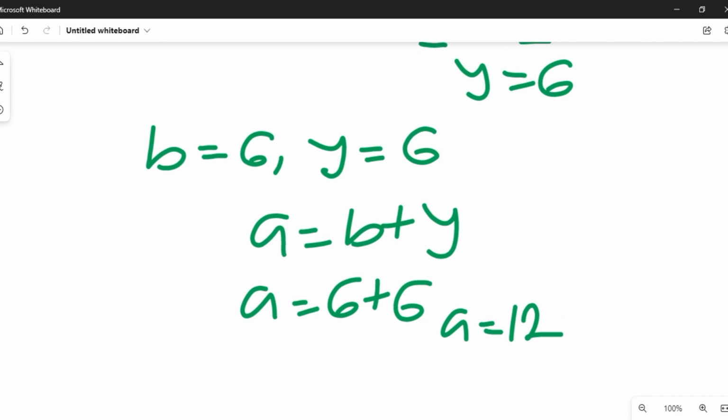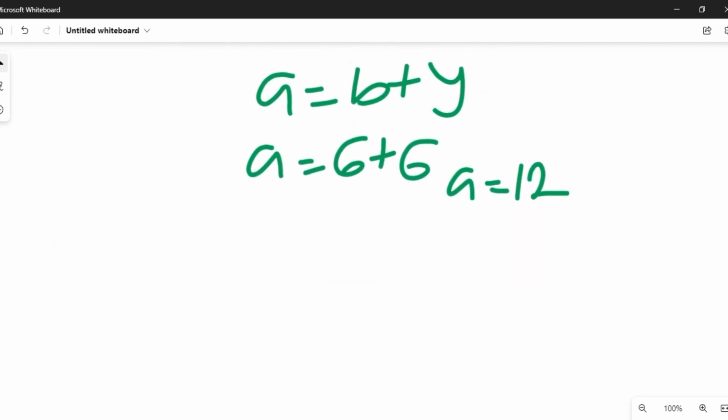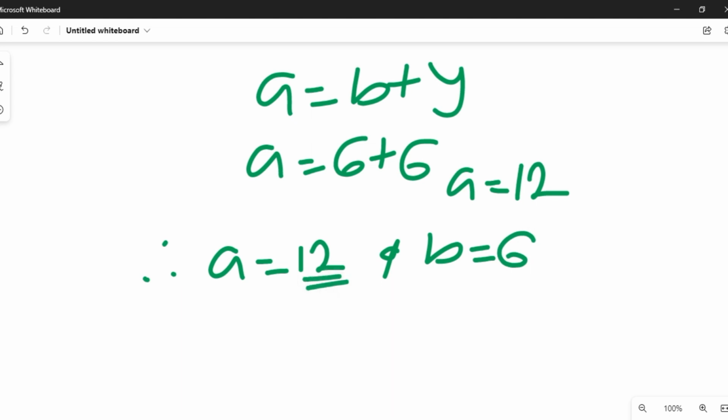So the two values, therefore, that satisfy that exponential equation is a equal to 12, and then our b is equal to 6. Now, how can we be certain about this solution?